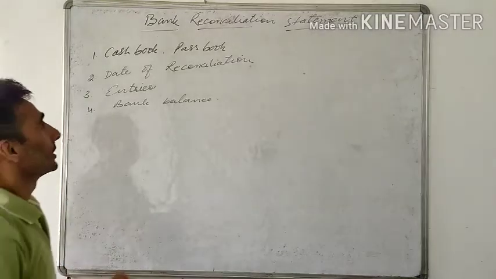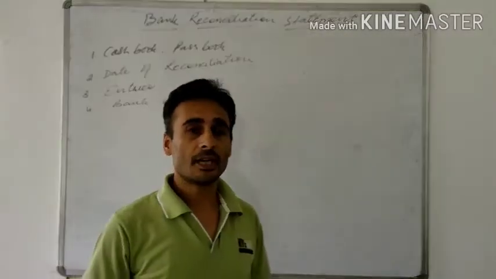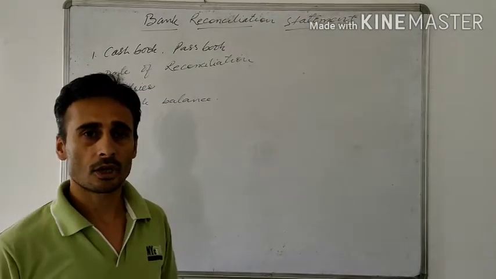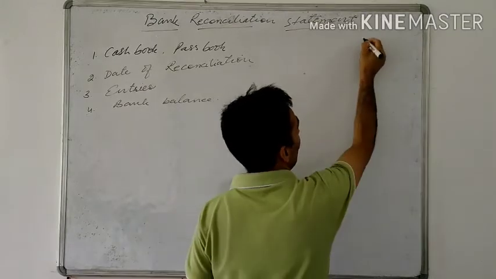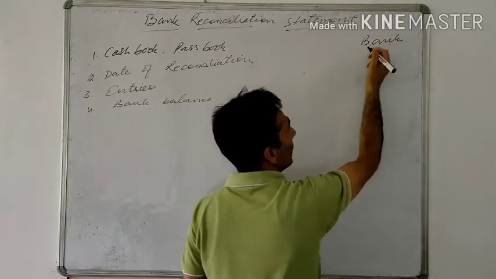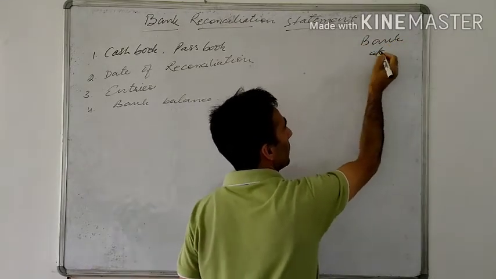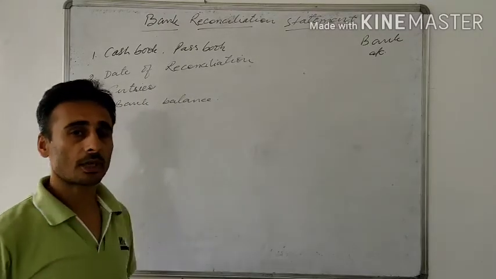Okay, now we know that every company opens an account with the bank. It's called bank account. So in the bank, a company will have an account. Why is this account maintained?